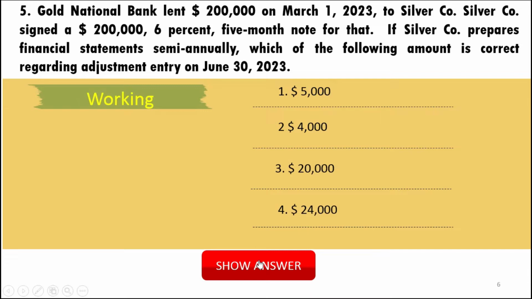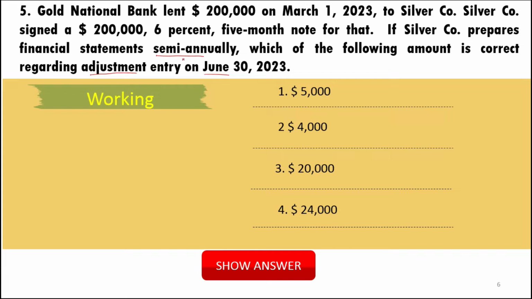Next, question number 5, a numerical question. Gold National Bank lent $200,000 on March 1 to Silver Company. Silver Company signed a $200,000 6% 5-month note for the amount borrowed. If Silver Company prepares financial statements semi-annually, meaning half yearly, which of the following amounts is correct regarding the adjusting entry on June 30?